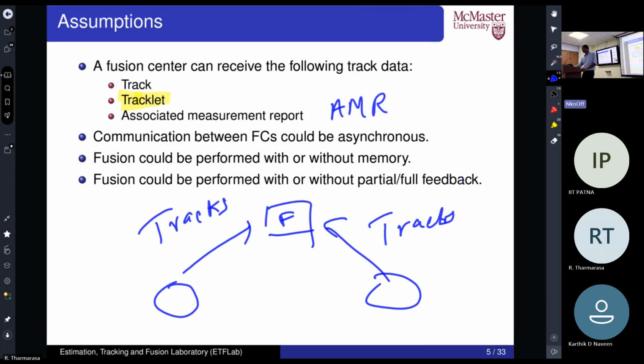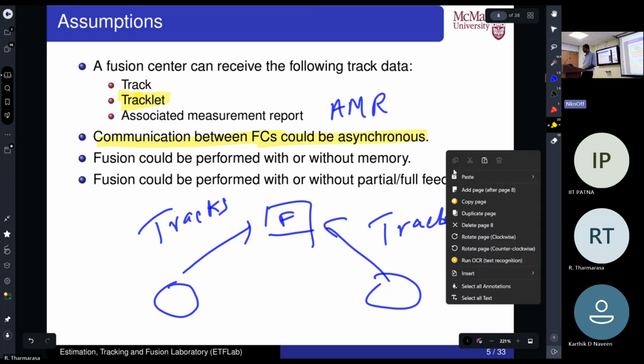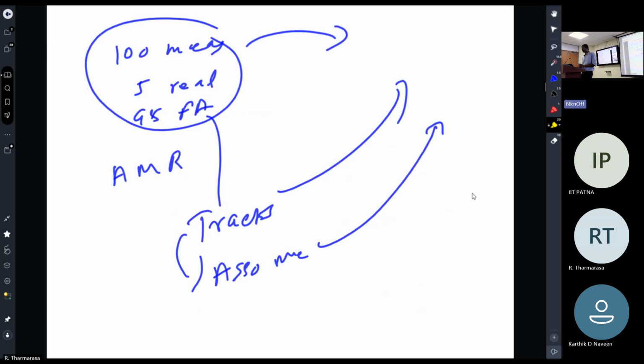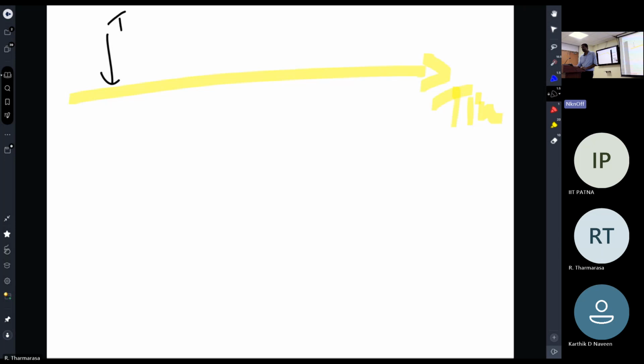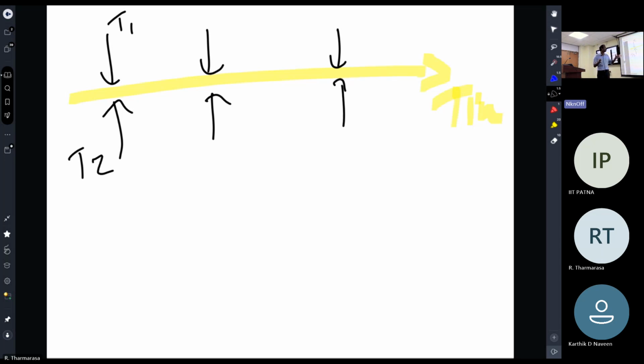Then the other problem is that the communication between the fusion sensors could be asynchronous. That is the other case. That's the usual case, right? Similar to the multi-sensor centralized fusion, this is the time axis, this is time. This is a track from track 1. You get tracks here. One case is like this, track 2. This is called synchronous. All the tracks are recorded at the same time.